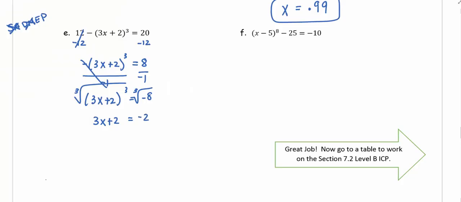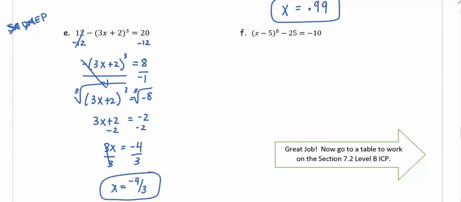So 3x plus 2 equals negative 2. I'm going to subtract 2 from both sides, and everybody needs to promise to be very careful with any negatives. And you get negative 4. To get x by itself, the last piece is to divide both sides by 3. So x equals negative 4/3. You could type that in your calculator, but it's just a little bit easier to leave it as a fraction.